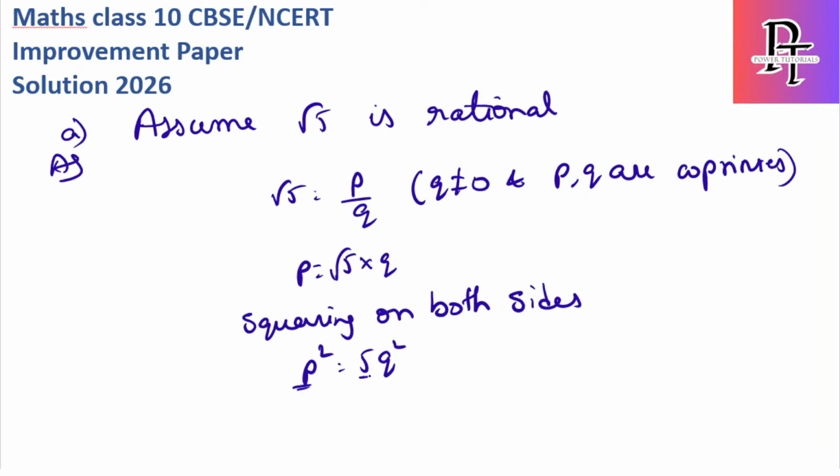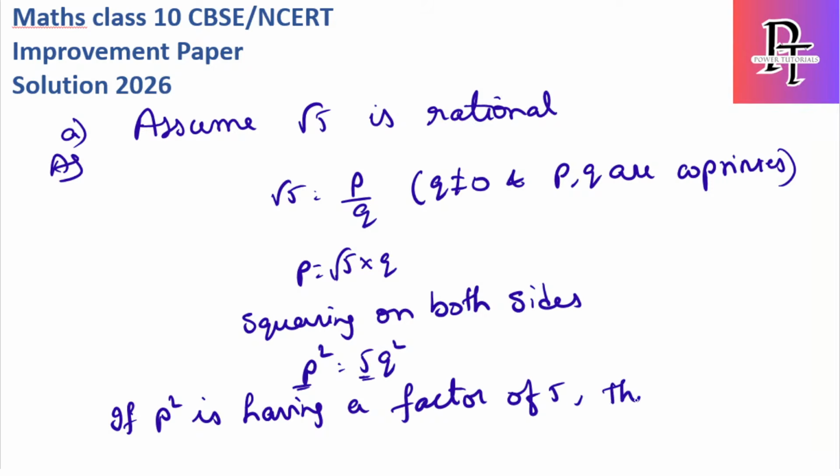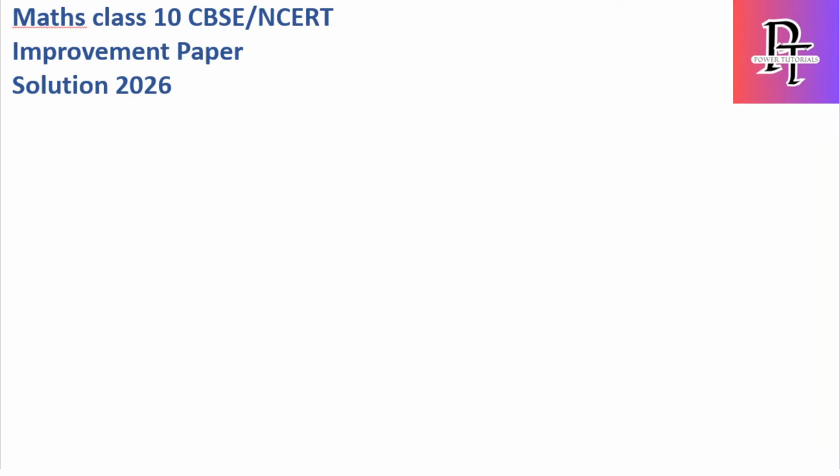If p square has a factor of 5, then p also has a factor of 5. So I can write p as 5a, where a belongs to natural numbers.